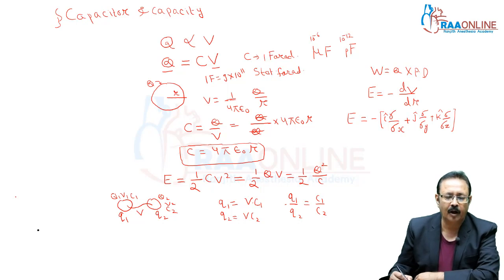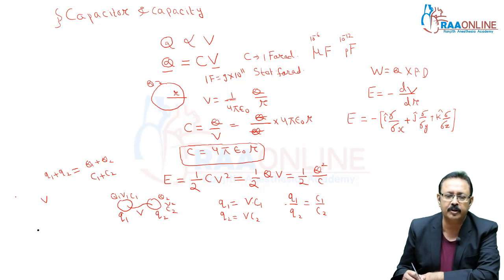Next, now you connect two conductors, so the total capacity will become C1 plus C2. Total charge is the same because there is only redistribution of charges. What was there initially is again there. By the law of conservation of charge, Q1 plus Q2 should equal Q1' plus Q2'.